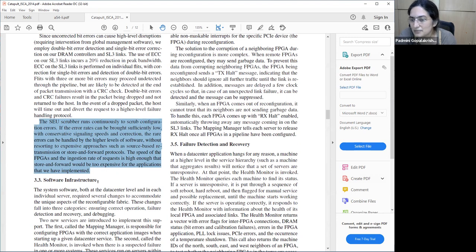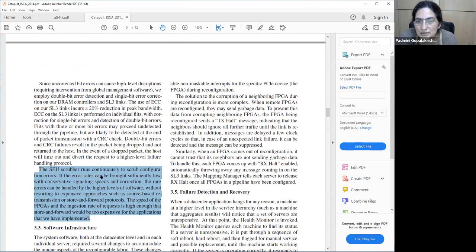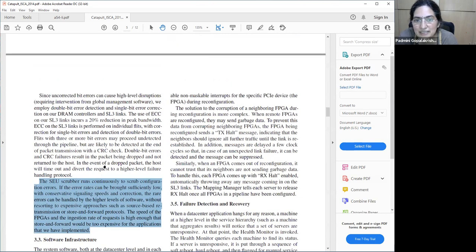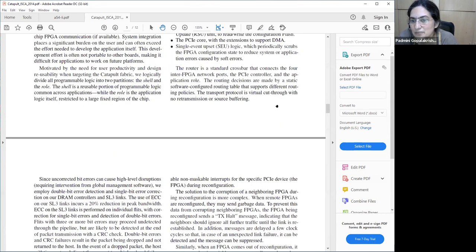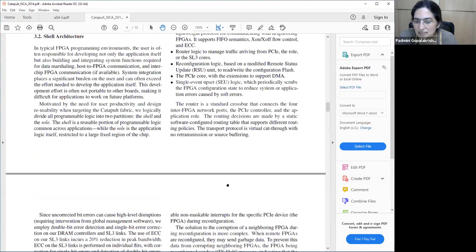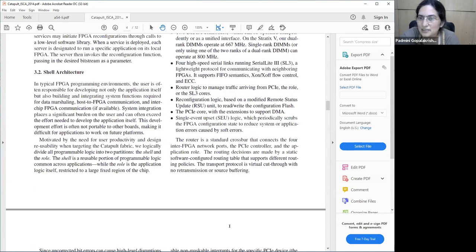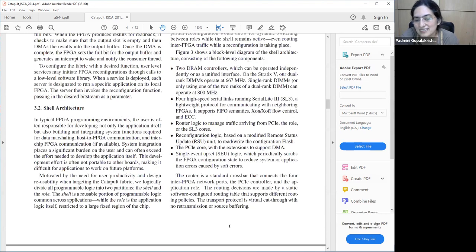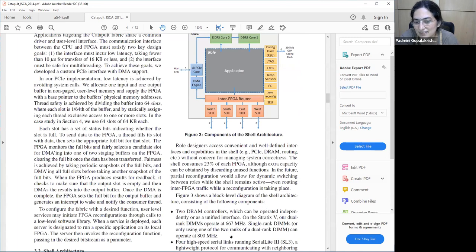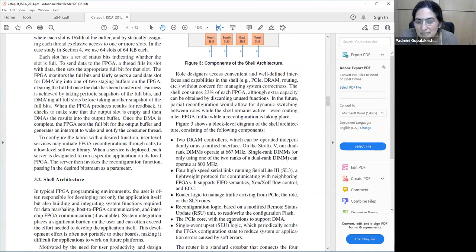If a bit gets flipped, suddenly a lookup table on the FPGA may be performing a different function. So it has to be constantly scrubbed, and that is what this SEU unit on the FPGA is for. It keeps scrubbing the configuration of the FPGA and makes sure that it is correct. This ensures that your soft errors don't become very expensive.